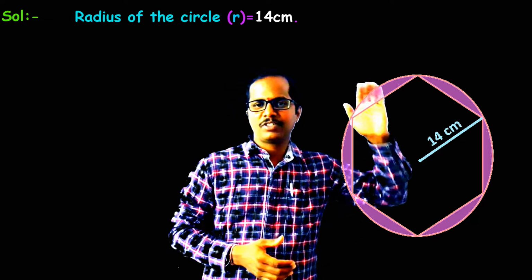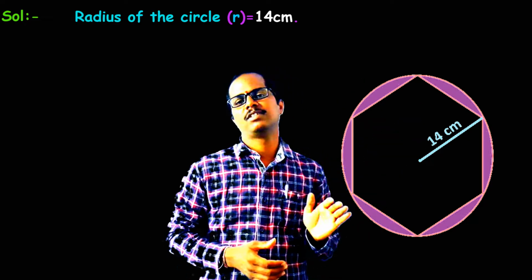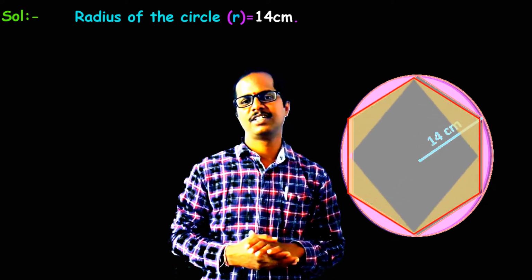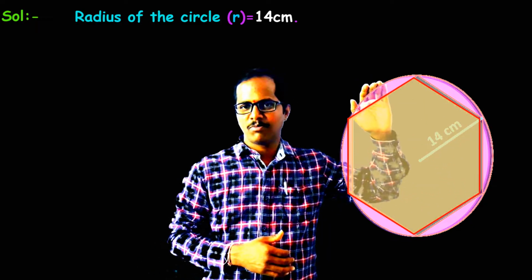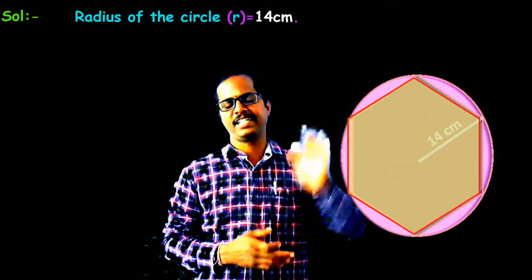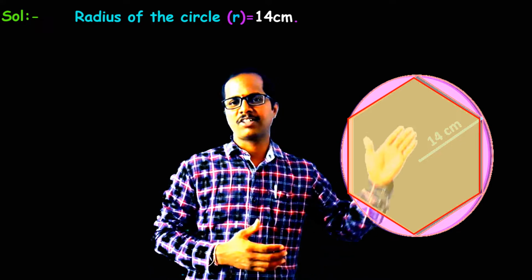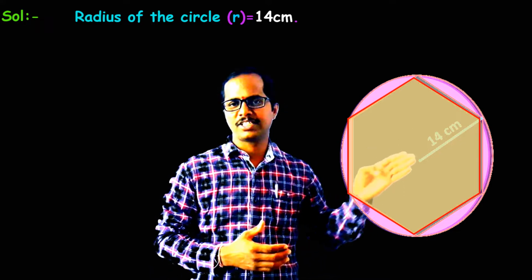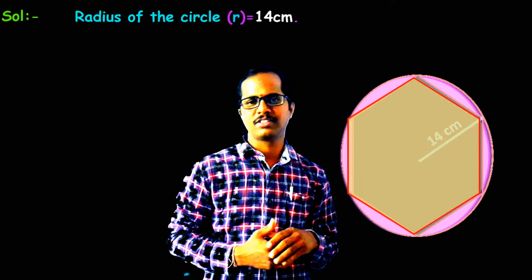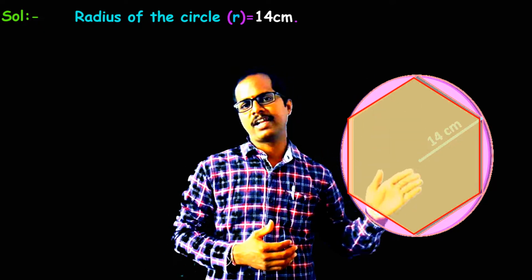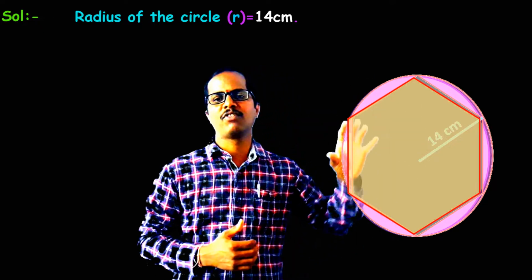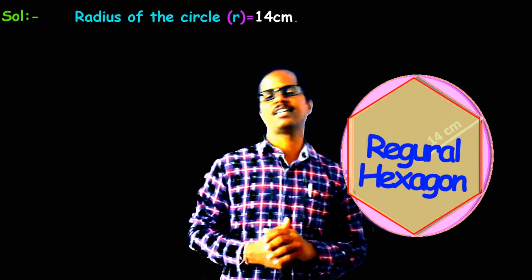If you observe this unshaded portion, what figure is it? This polygon has 6 equal sides. Since all the designs are equal, these sides are also equal. Therefore this polygon has 6 equal sides, so we say it is a regular hexagon.